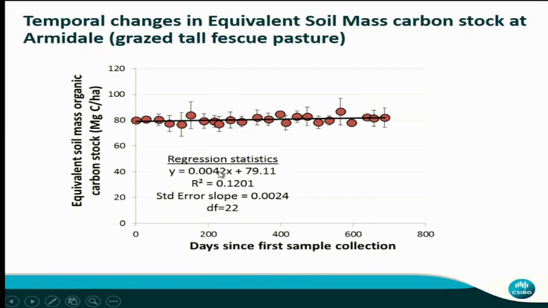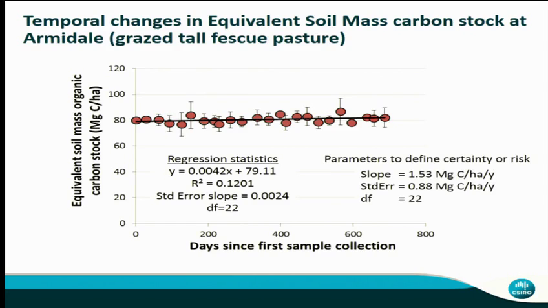We can get a slope, which is basically telling us that at this site we would be getting 4.2 kilograms of carbon per hectare per day over those 2 years, a positive change. And if you convert that into tons per hectare, it's 1.5 tons of carbon per hectare per year, with a standard error and known degrees of freedom. I'll come back to that, because we want to use that to tell us how confident we are in those numbers, so that a farmer or landowner doesn't just get a single number and trade on that. They can get a risk strategy together for doing it.